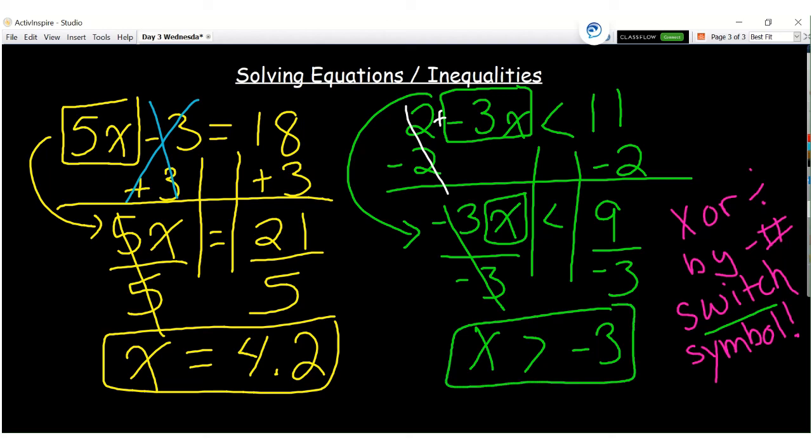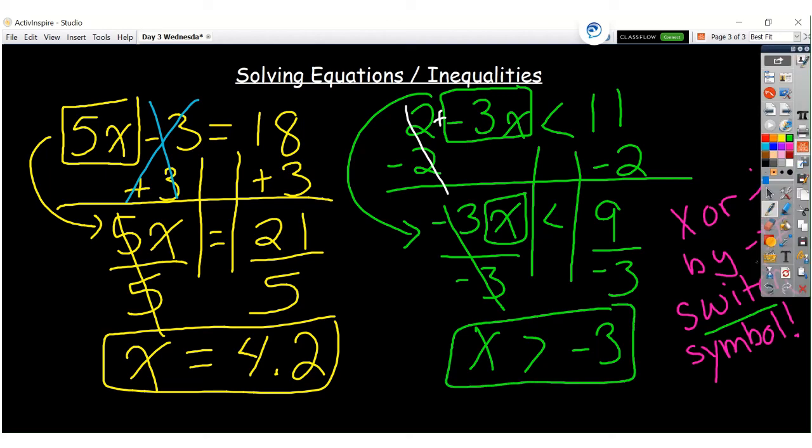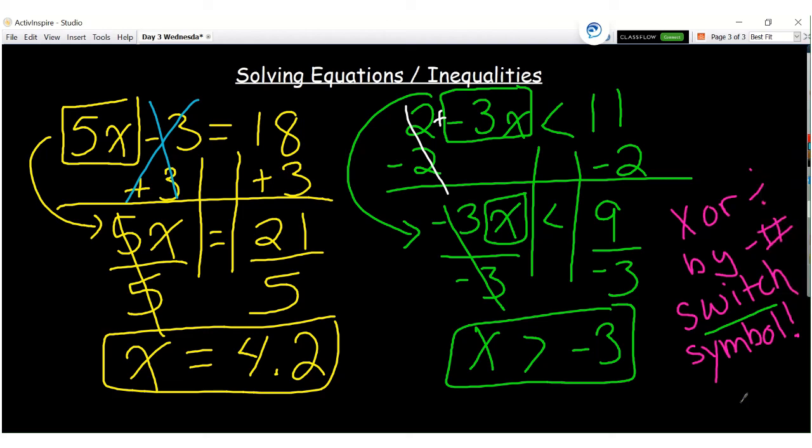I didn't already write examples here, but if I had examples to pick from, like if it was multiple choice, I'm just going to jot down a few possible solutions. If x is greater than negative 3, it cannot include negative 3, so I'm going to draw that and cross it out.